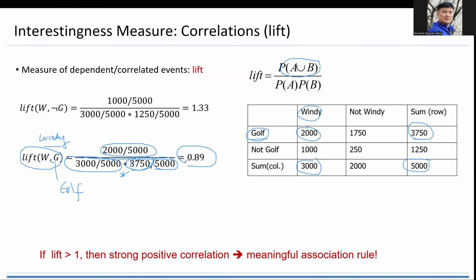So we got 0.89. By the definition, if lift is higher than 1, then there is strong positive correlation, or we can say the association rule is meaningful. So this is the criteria, higher than 1.